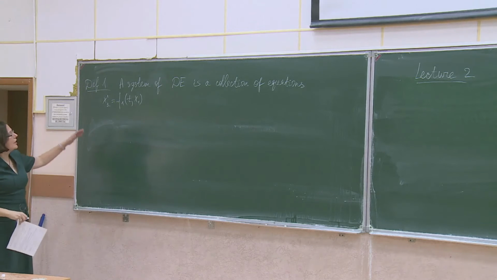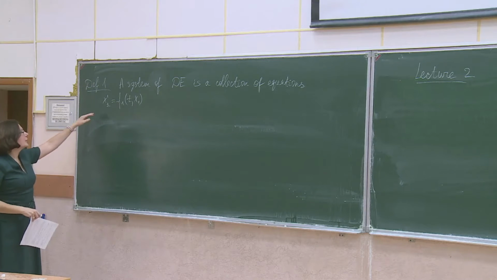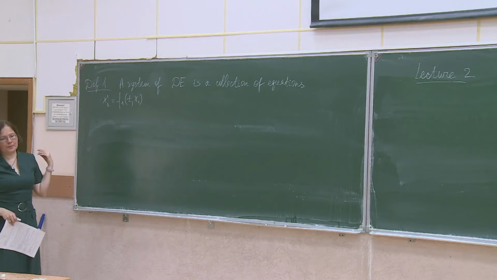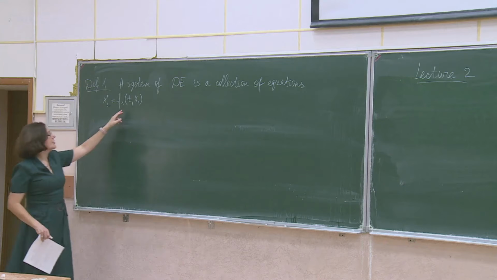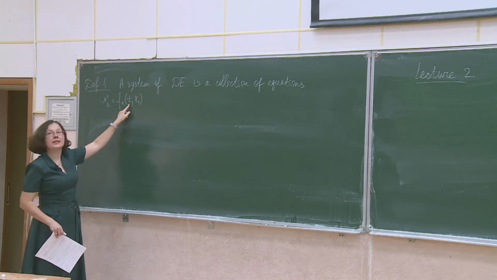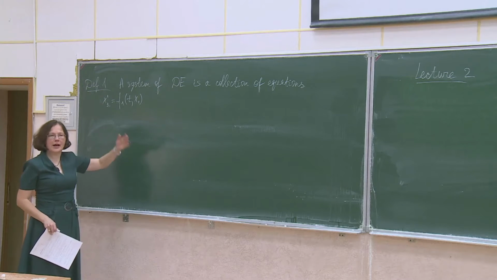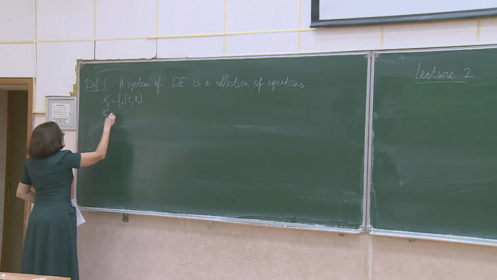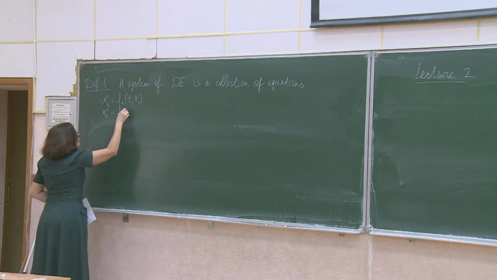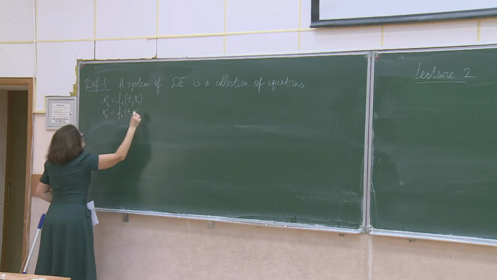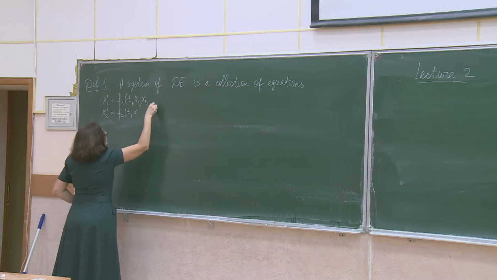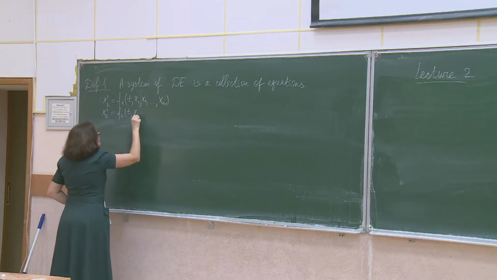So be careful. From now on, we will use the letter x for the unknown function and t for the independent variable. So x of t will be our solution. x2 prime equals f2 of t, so not only x1, but up to xn.